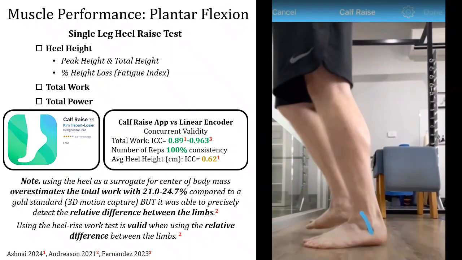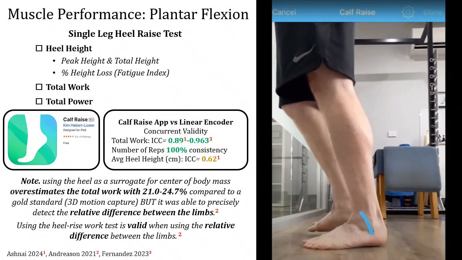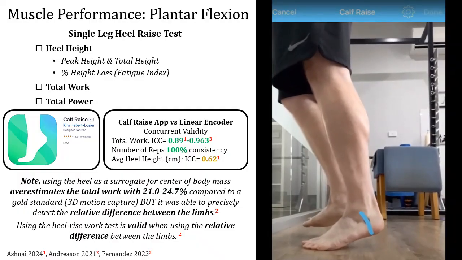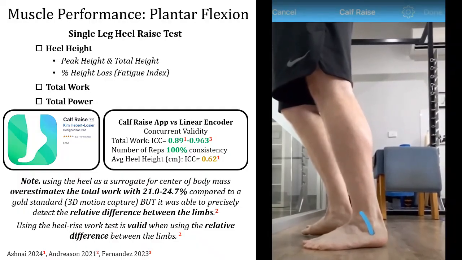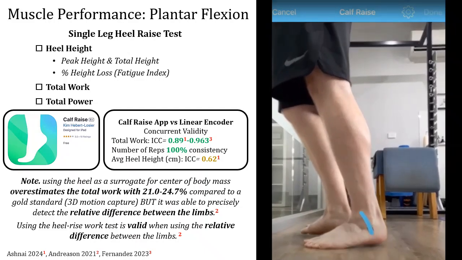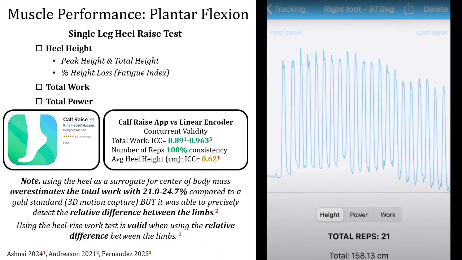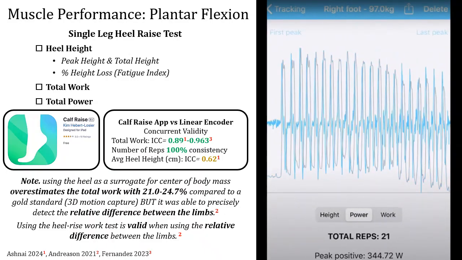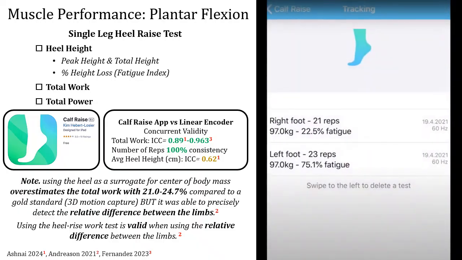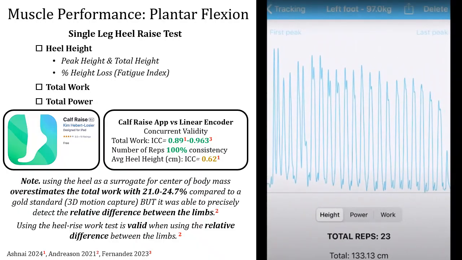It is important to note that using the heel as the surrogate center of mass for the body overestimates the total work by 21 to 25% compared to the gold standard of a 3D motion capture system, but it is able to precisely detect the relative difference between the limbs, and thus it's a reliable measure even if it underestimates the total power.